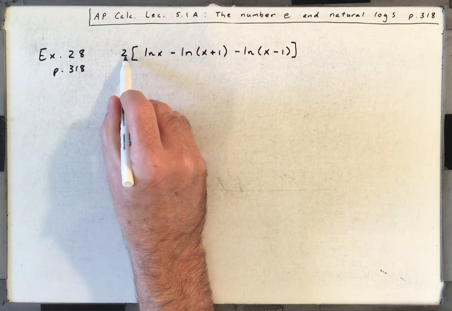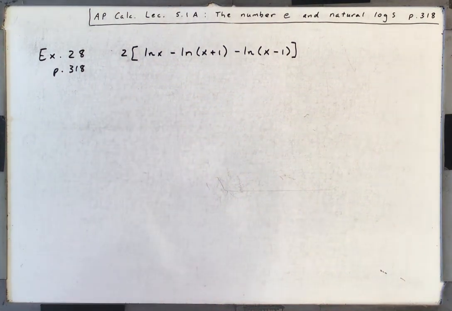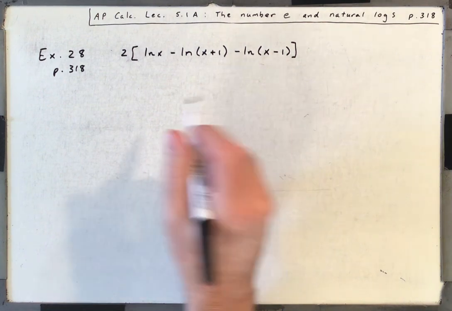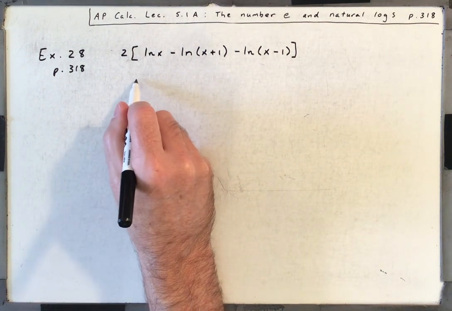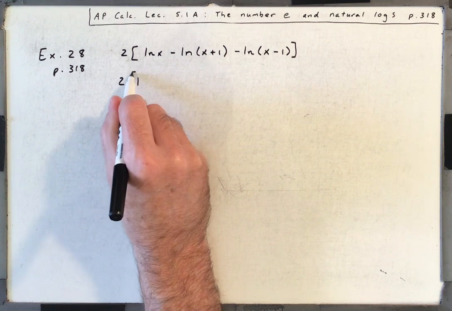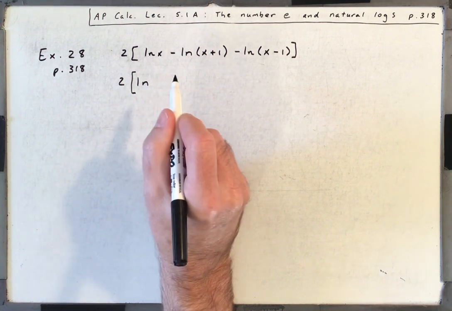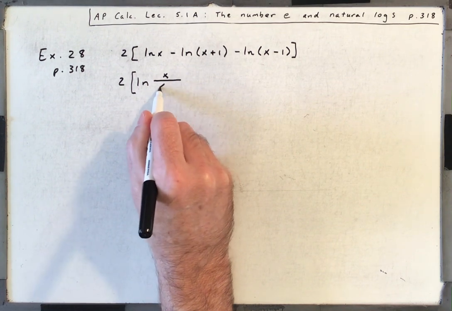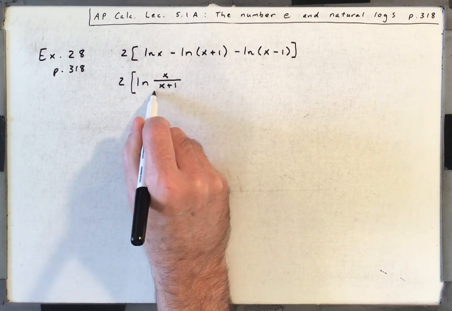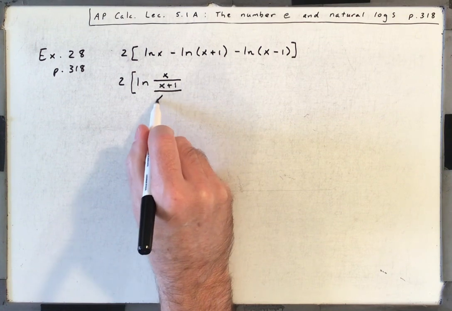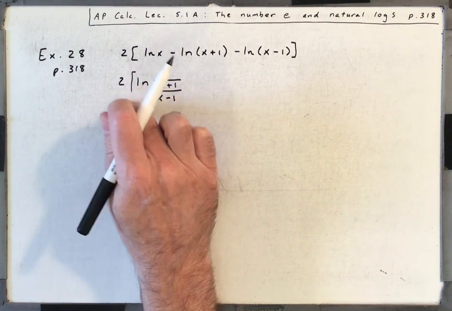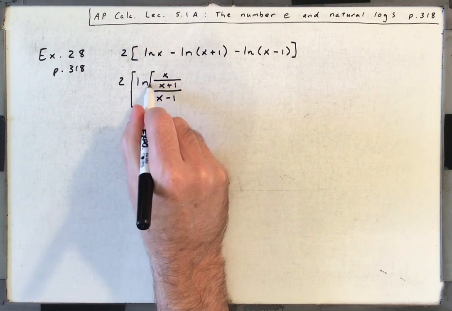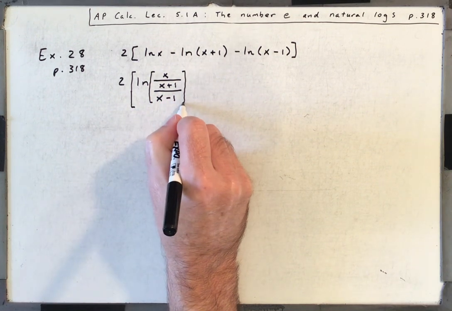Okay, let's worry about the 2. We're going to deal with that at the very, very end. But we have subtraction here. So this is the same as, we've got this 2 out front, natural log of x over x plus 1 over x minus 1. So it's the natural log of all that.